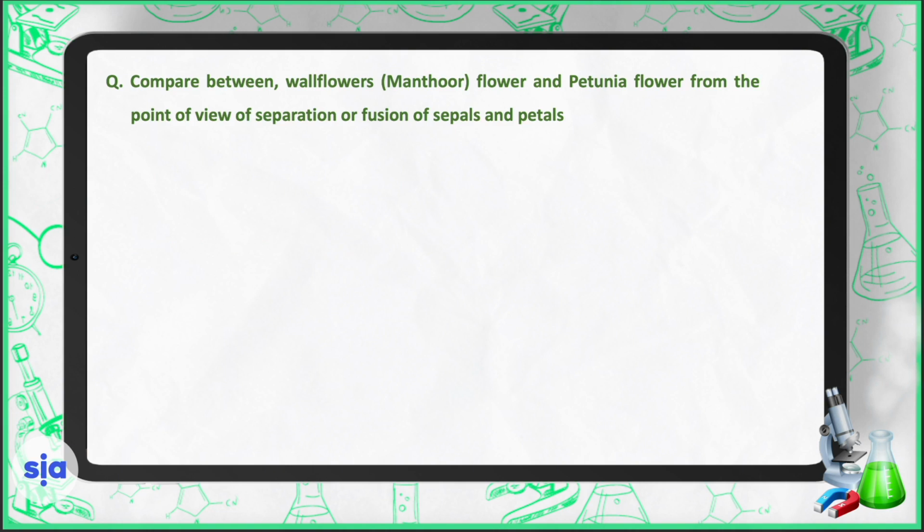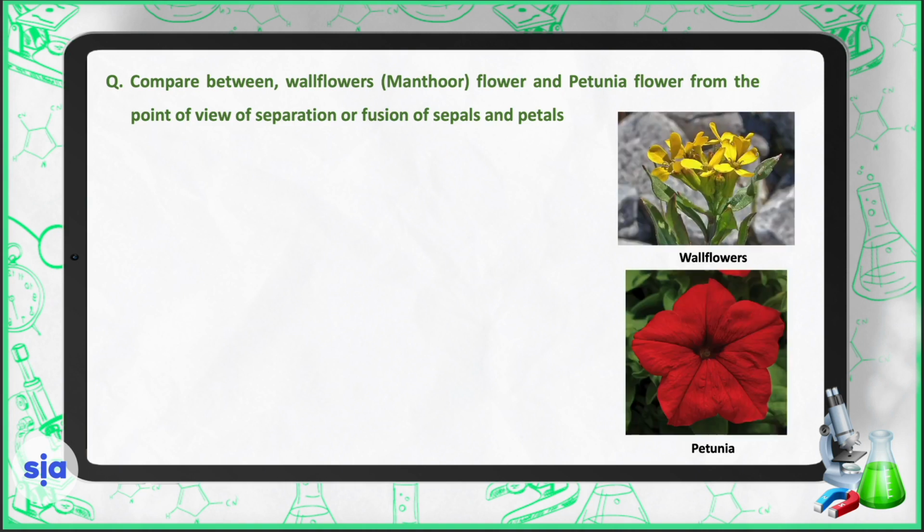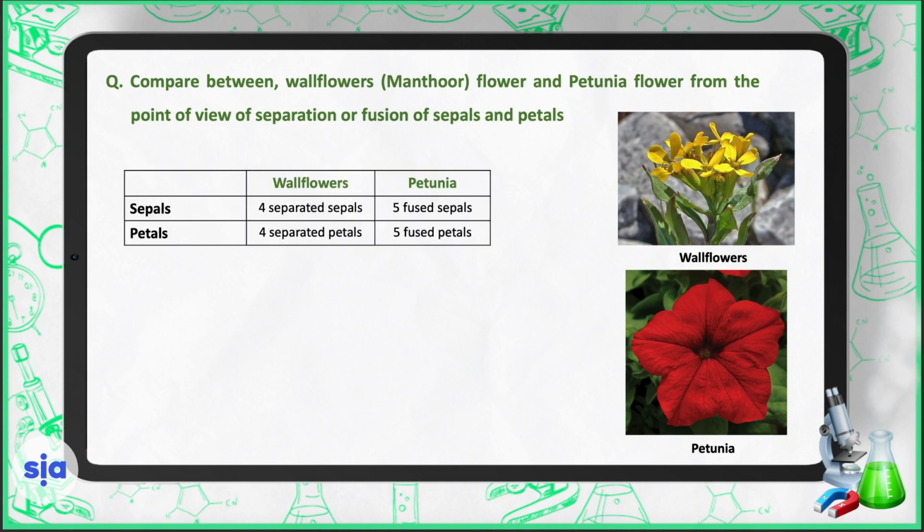Now, compare between wallflowers, manthur flower, and petunia flower from the point of view of separation or fusion of sepals and petals. These are wallflowers, and this is petunia. Regarding sepals, the wallflowers have 4 separated sepals, and 4 separated petals.